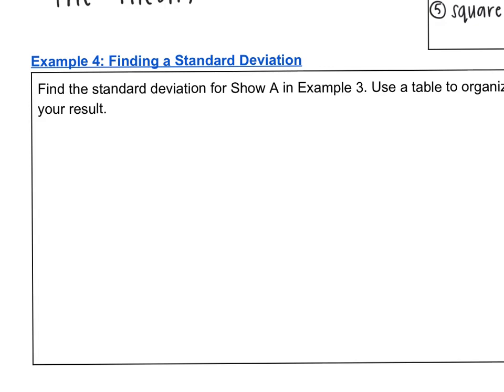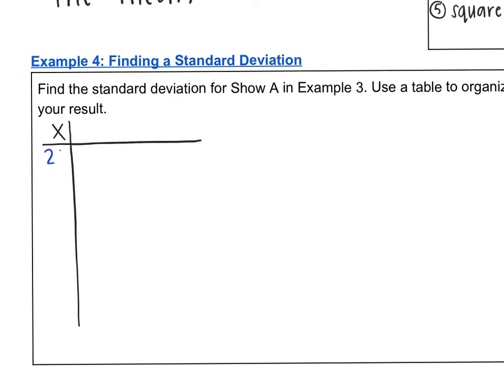So the first column of our table is just going to be x. That's just going to be our values. You can put them in any order you want, but we're just going to list them all. So let's fill in that column before we do anything else. My values for show A, I'm just going to go in the order they're listed.